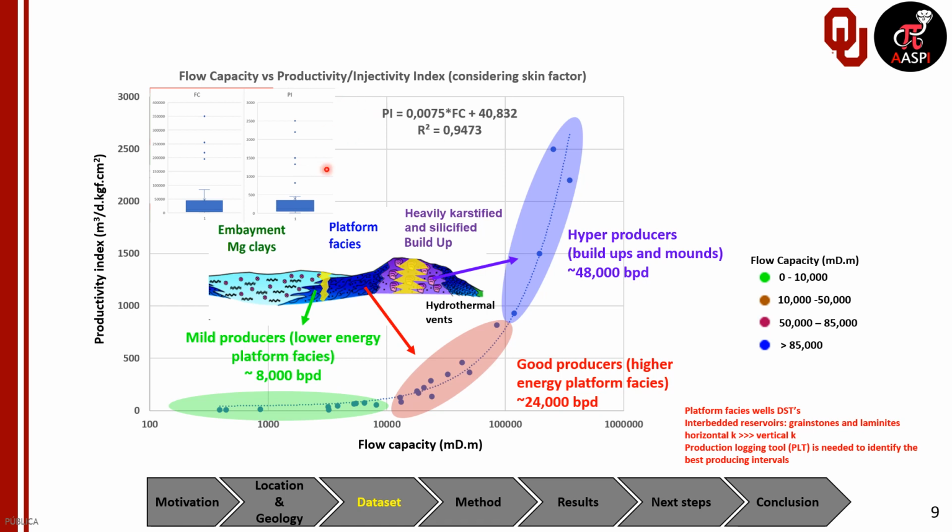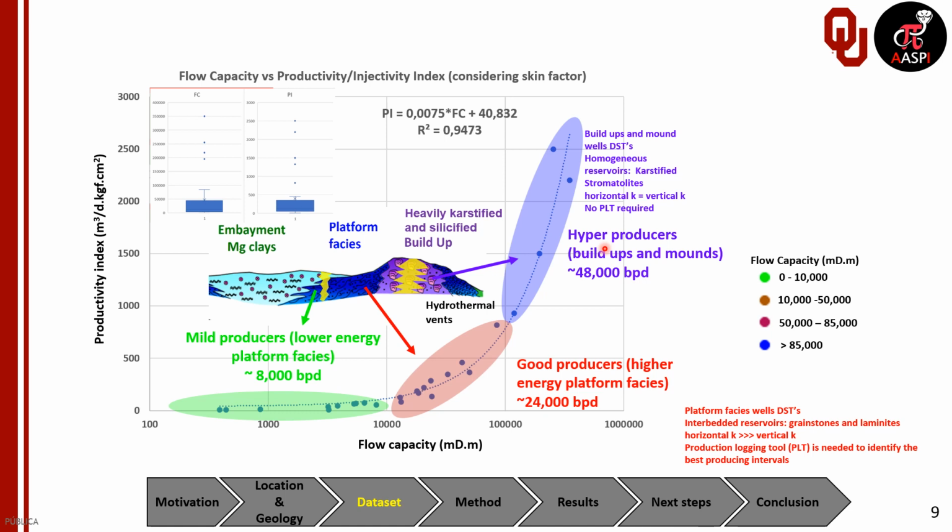It's cave porosity, it's calcified buildups. Here the flow capacity values explode to more than 100,000 millidarcy-meters and the productivity index is over 1,000. So that's what we're talking about, those anomalies.